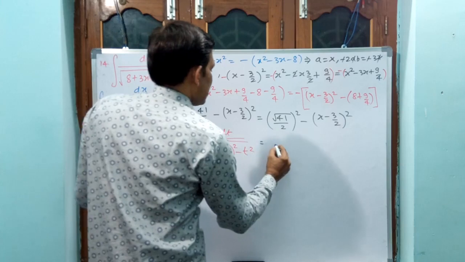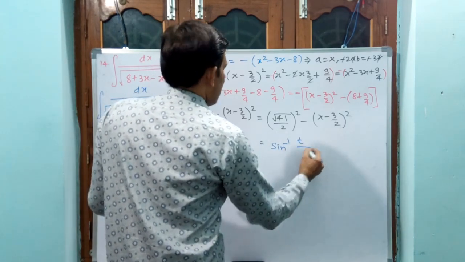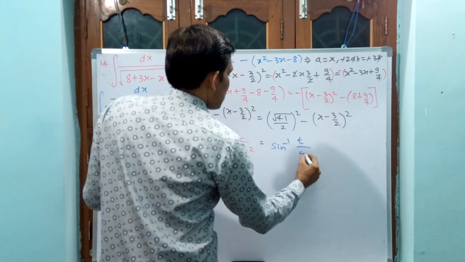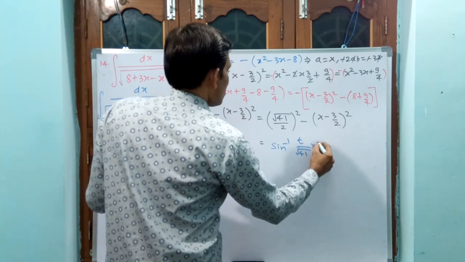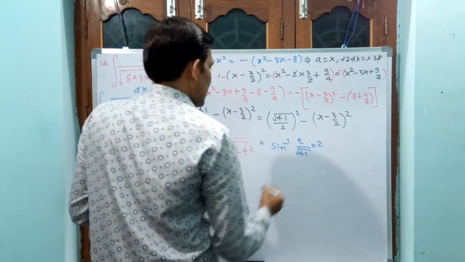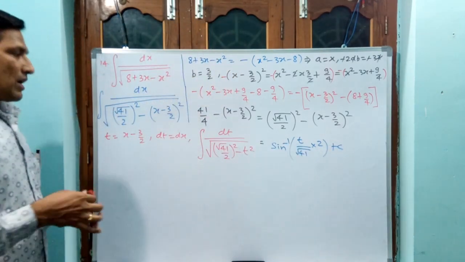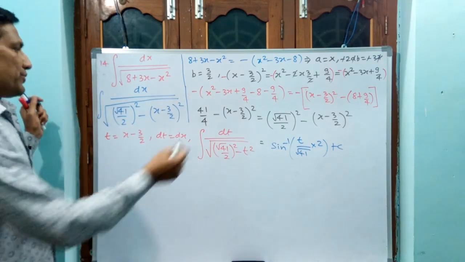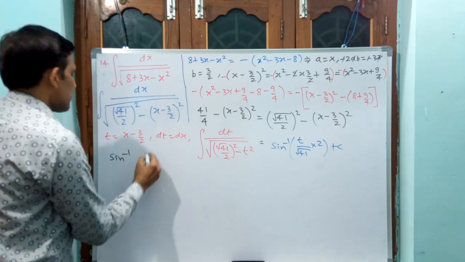Sin inverse t by a. A means root 41 by 2. By 2 means into 2 I can write. Okay? Plus c. But now, see, t you substitute. Sin inverse t means x minus 3 by 2.